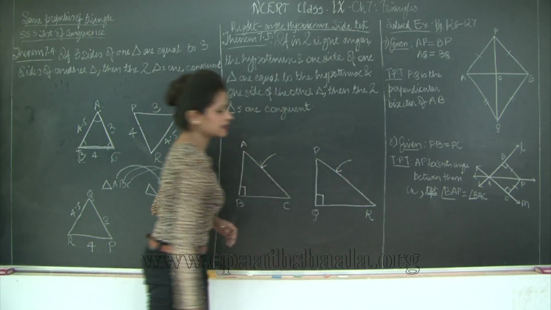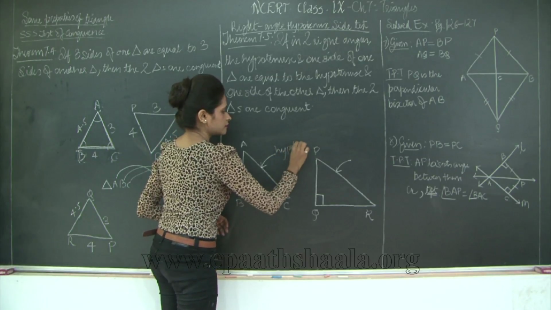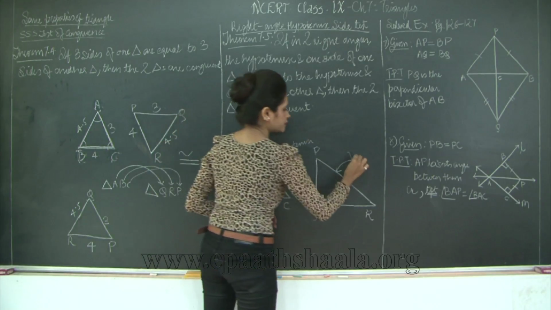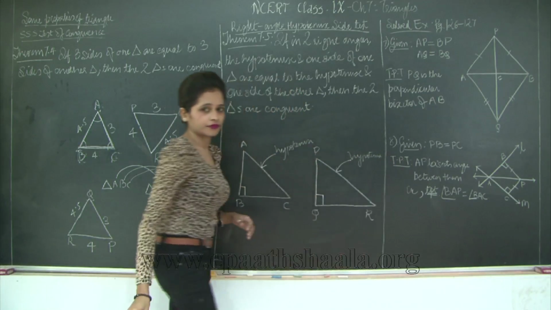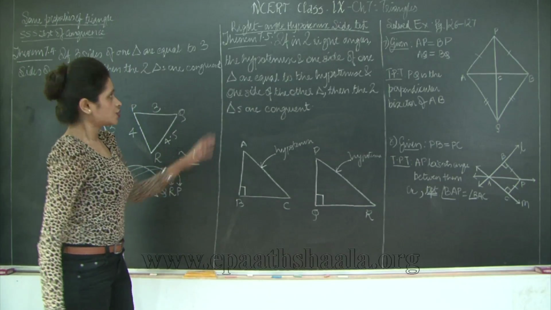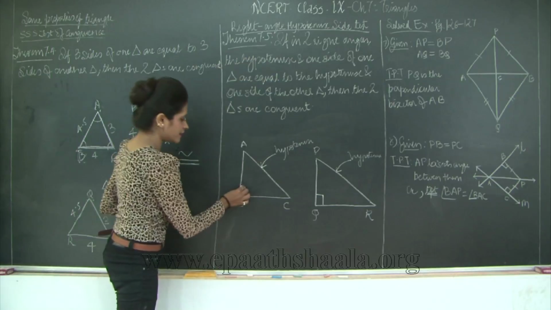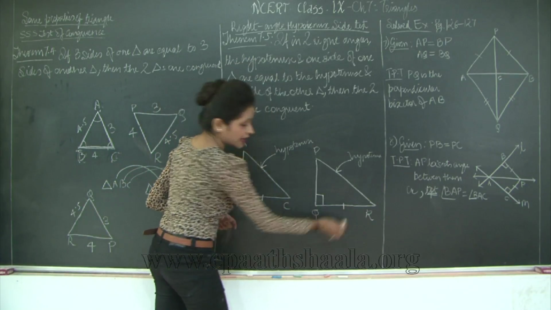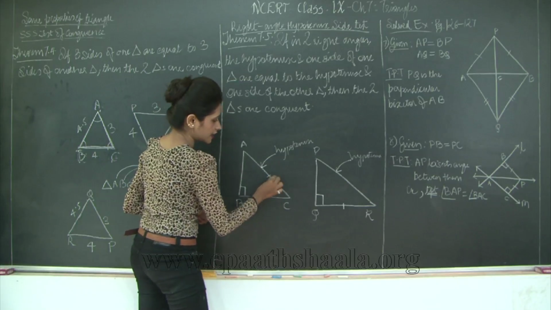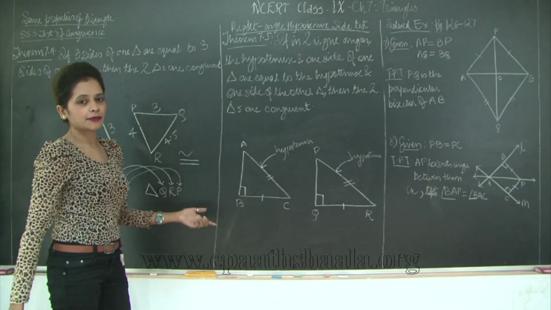The side opposite the right angle is called the hypotenuse. So according to the hypotenuse side test, as the name suggests, if you have one right angle and the hypotenuse and any one side are equal, then the two triangles are congruent, and this is the hypotenuse side test.